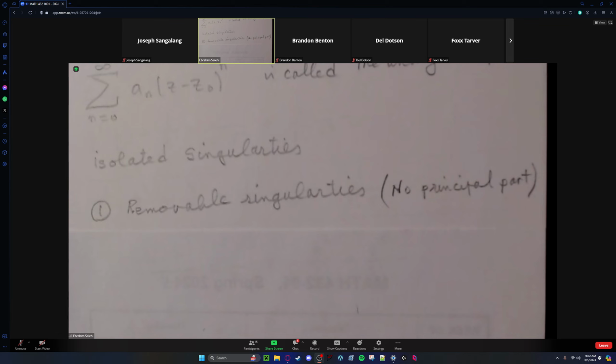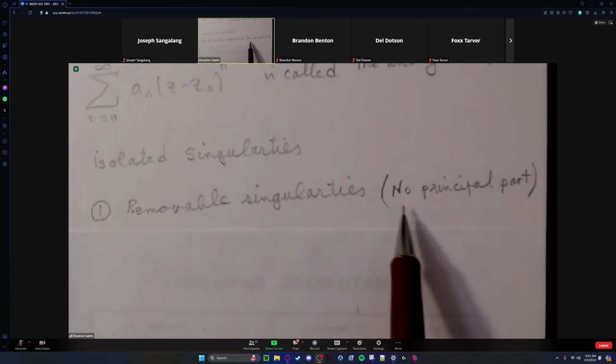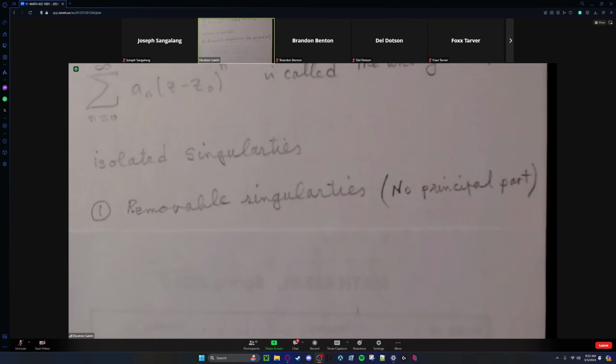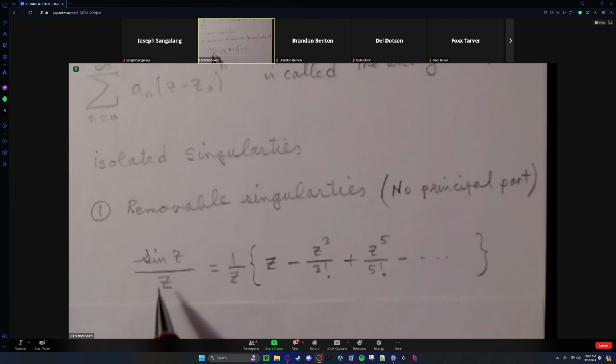one category of isolated singularity is called removable singularities. How do we recognize these types of singularities? Well, we always write the Laurent series. For example, the function sine z over z.